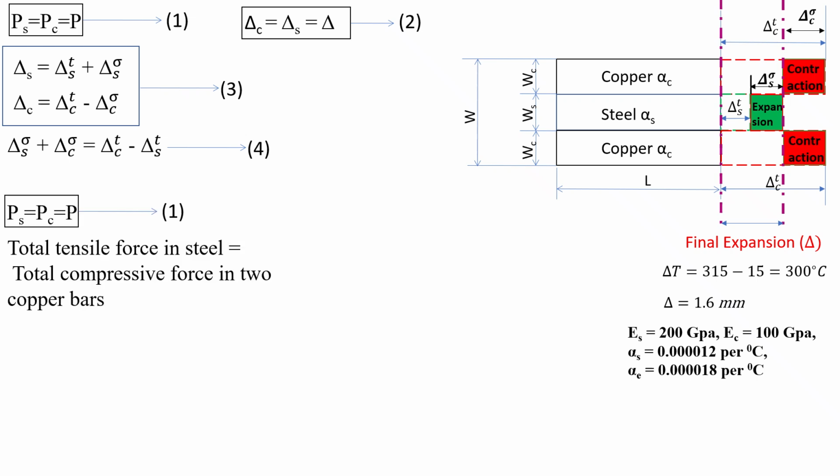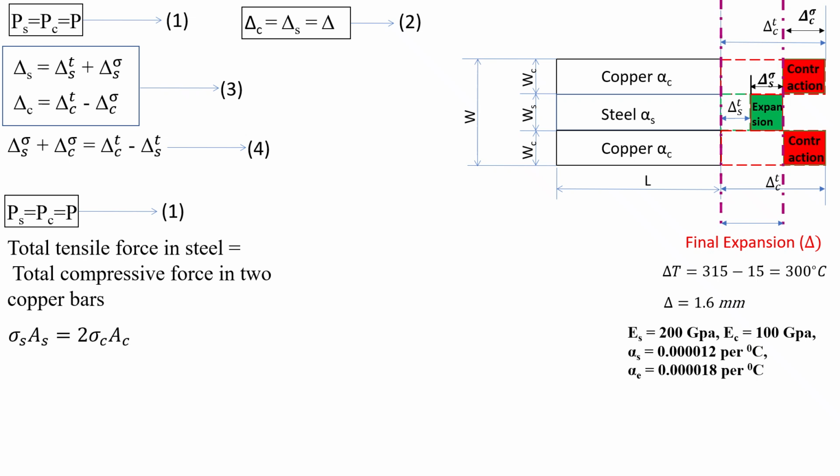So first I have to go for the first equation, that is PS equals PC equals P, which means the total tensile force in steel equals the total compressive force in the 2 copper bars. We know that forces can be written in terms of stresses, that is stress into cross-sectional area. Then the tensile force in steel equals sigma S into AS.